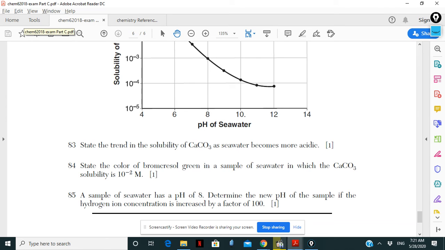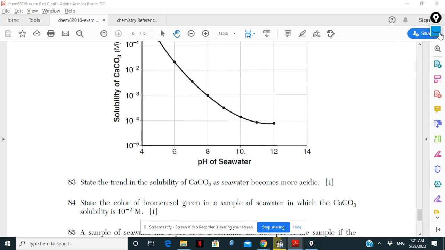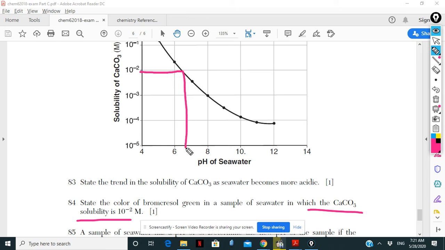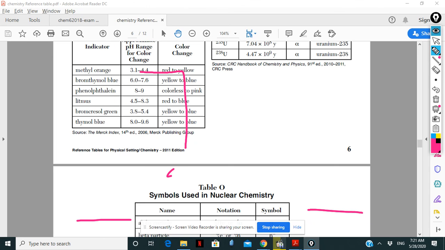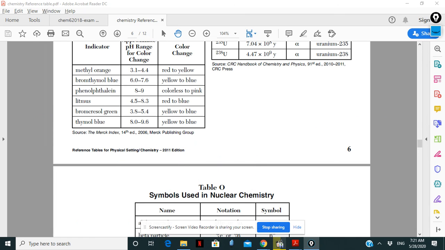So first, sorry, I have to use the graph. It says the calcium carbonate solubility is 10 to the power negative 2. So 10 to the power negative 2 is here. Going down, it's almost 6 point something. And after that, for bromocresol green, it's 6 point something, so it's more than 5. So it should be blue.